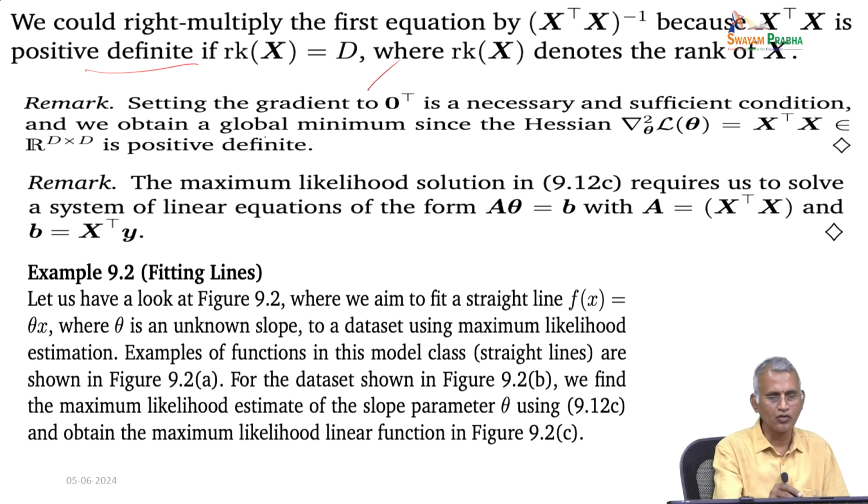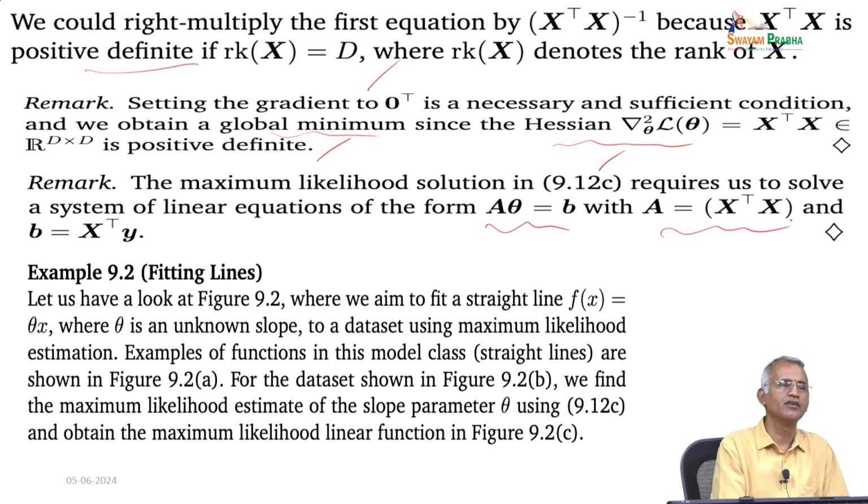So, we obtain the global minimum since the Hessian, the second derivative of L of theta with respect to theta, equal to x transpose x belonging to R power d cross d, is positive definite. Note, the maximum likelihood solution of 9.12c requires solving a system of linear equations of the form A theta equal to b, where A equals x transpose x and b equals x transpose y.